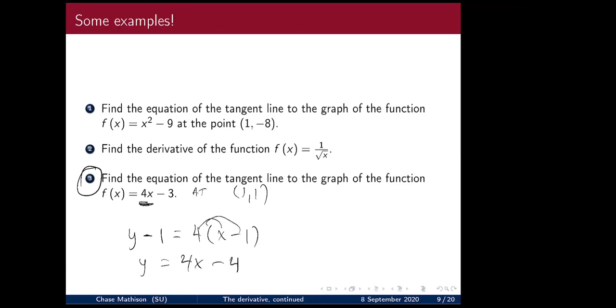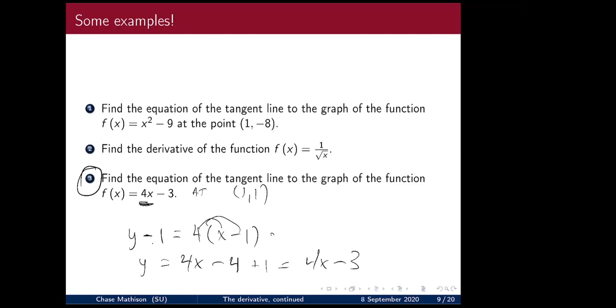And then I add the 1 over to here, plus 1, which is 4x minus 3. Okay? So I didn't trick anybody. You guys are too smart for me. Yes, perfect. Thank you, Saba. If you're trying to get a tangent line to something that's already a straight line, the answer is the line that you started with. Okay?